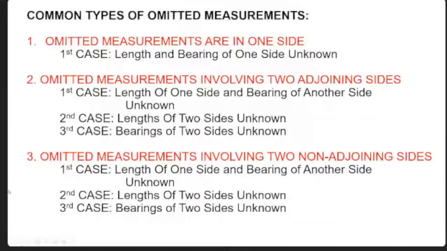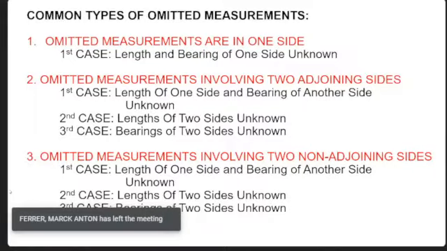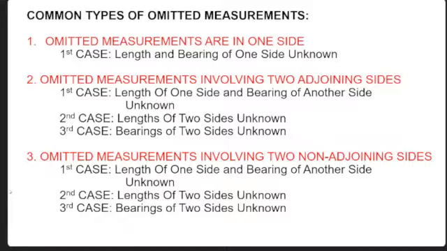Okay. So, omitted measurements are divided into 3 types. First is the measurement or omitted measurement are in one side. With this type of measurement, there is a case wherein the length and bearing of one side is unknown.